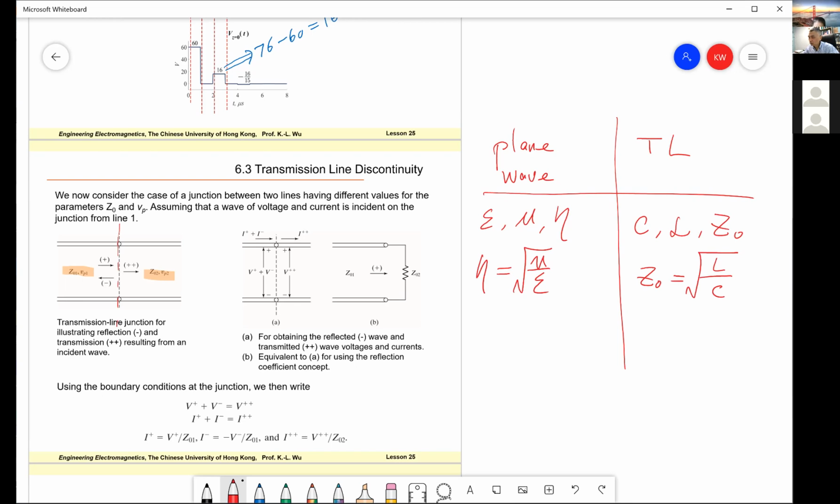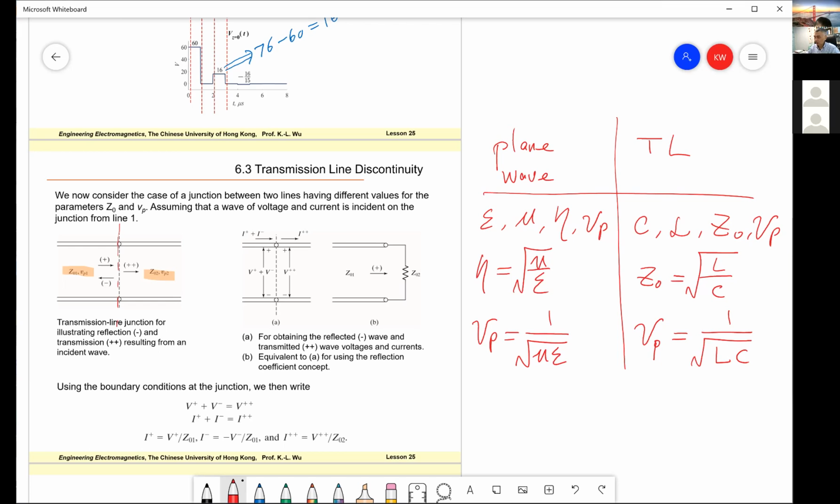And then we also have phase velocity. Here we also have a phase velocity, okay? This is the phase velocity in plane wave, and then this is the phase velocity in transmission line. So you see the behavior is all the same, right?